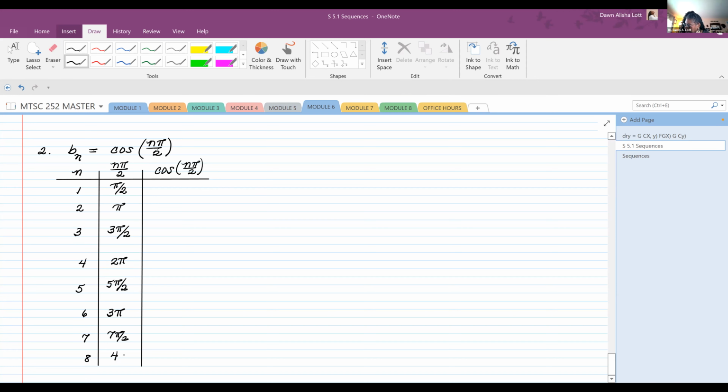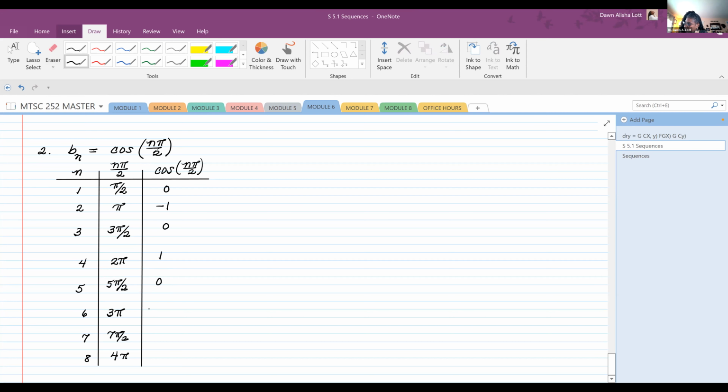Okay, that should help. So the cosine of pi over 2 is 0. The cosine of pi is -1. The cosine of 3 pi over 2 is 0. The cosine of 2 pi is +1. Okay, this is not looking real good here. The cosine of 5 pi over 2 is 0.